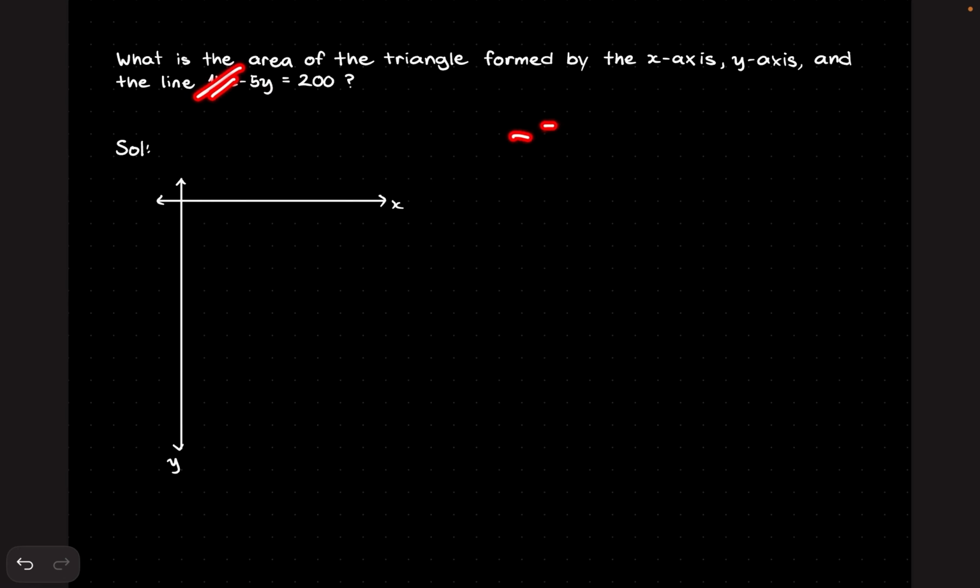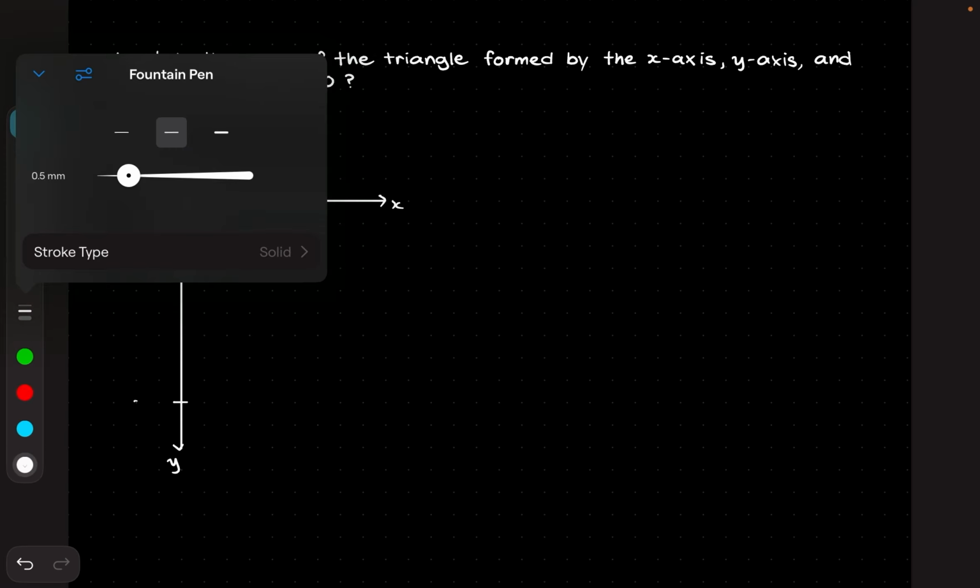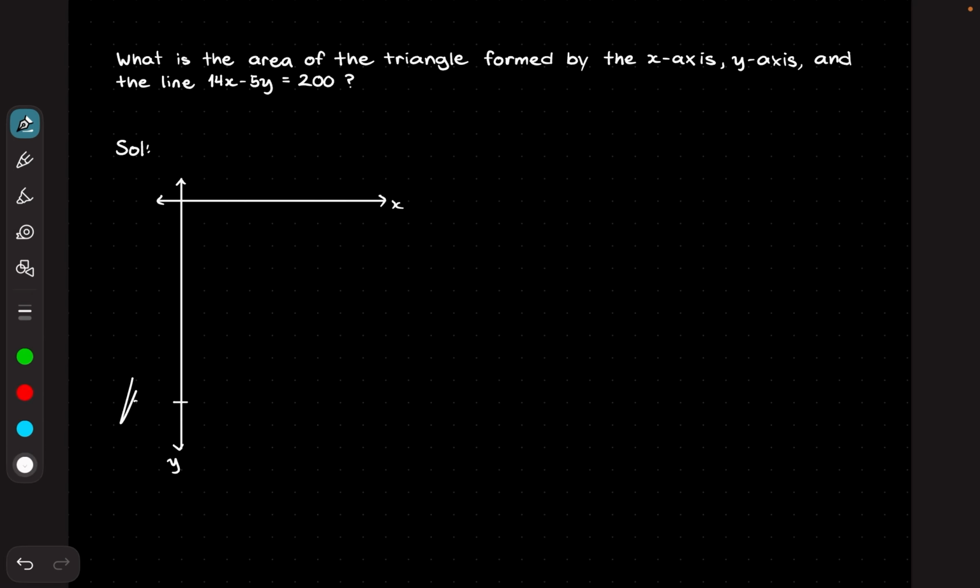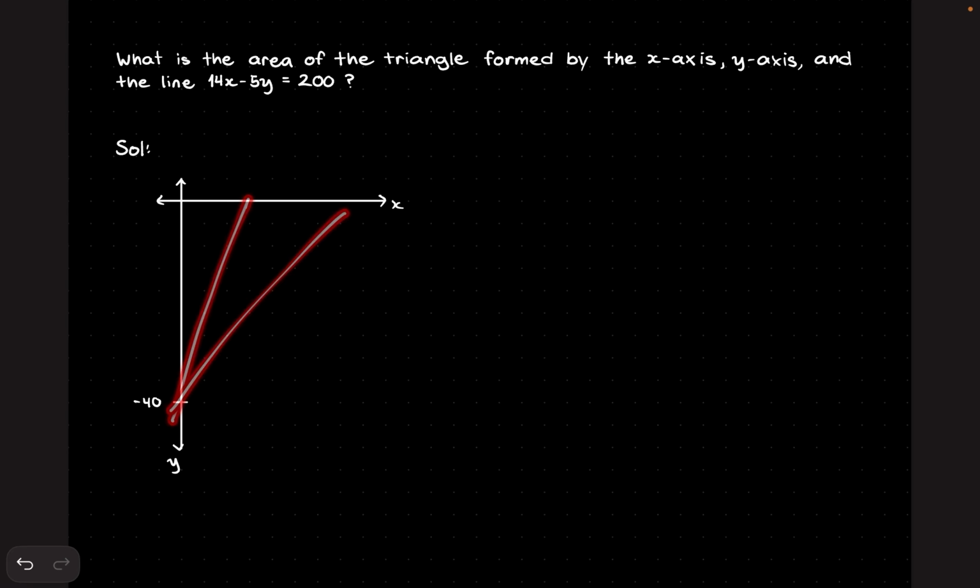We'll be left with negative 5y equal to 200, dividing negative 5 both sides, yields y equal to negative 40. Let's mark negative 40 out here, since our line needs to pass through here.